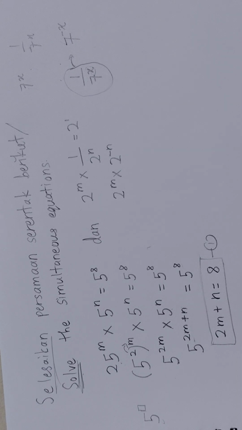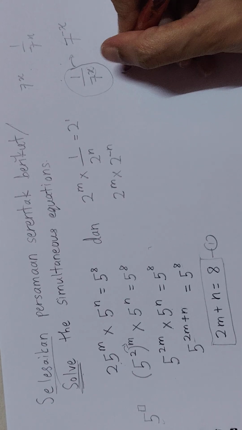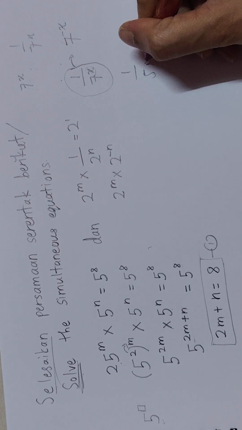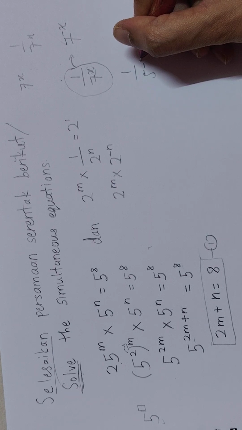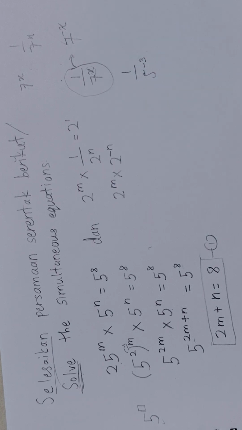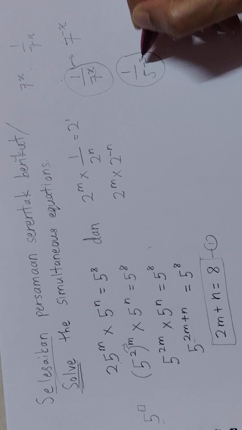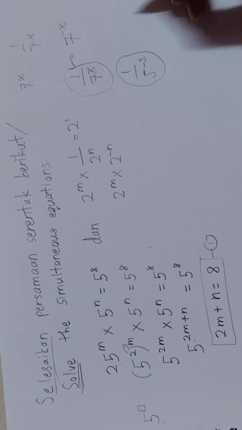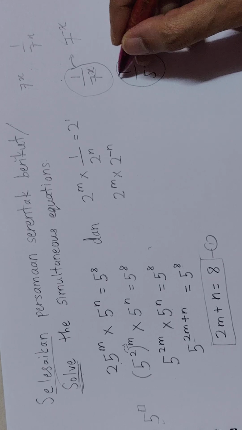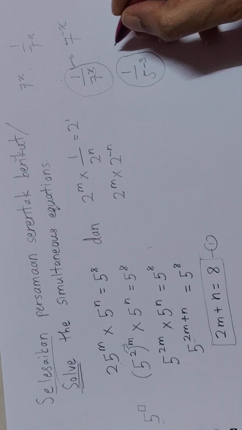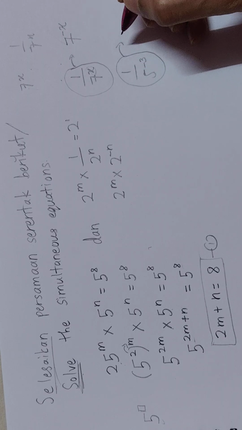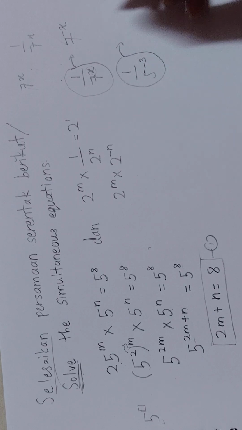Now I will give another example. Let's say 1 over 5^(-3). Teacher asked you all, change the form. So how are you going to do that? First, what form is this? A fraction. So when you want to change the form, fraction will become normal number.